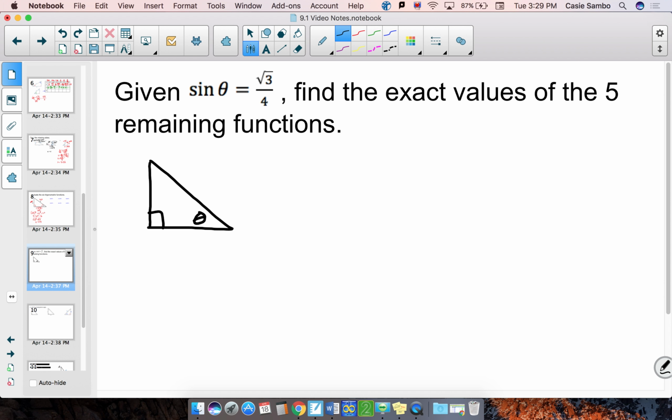I know that my sine is given, so that means I have opposite over hypotenuse. So opposite of my angle, my theta, I need to have the square root of 3, and my hypotenuse has to be 4. Just like on the last problem, you need to use your Pythagorean theorem to figure out what this missing side is.